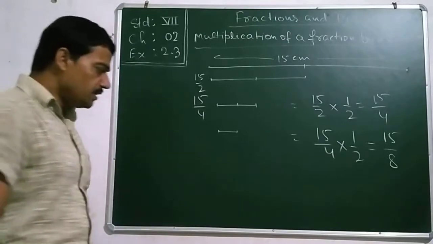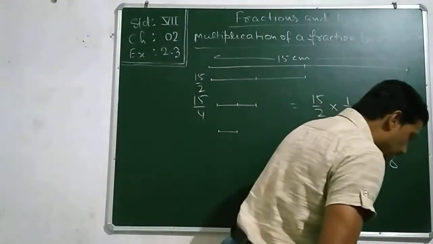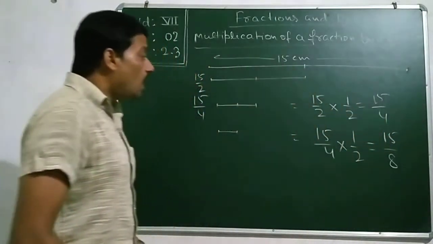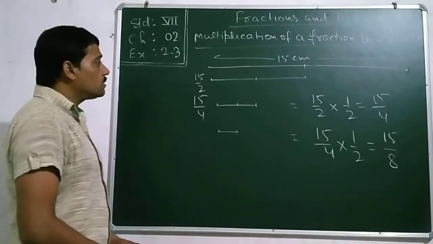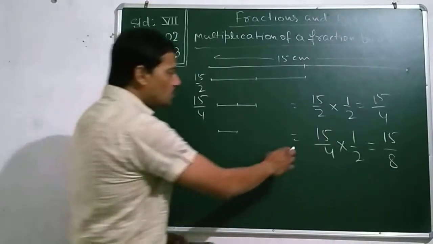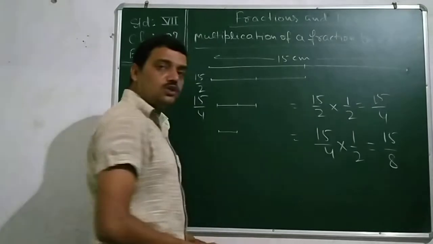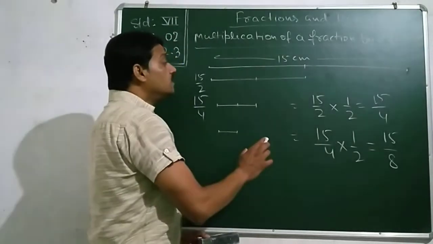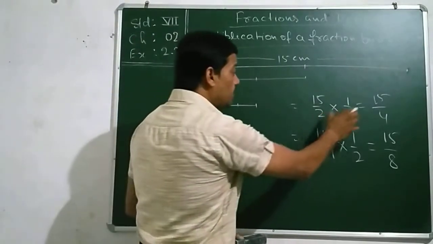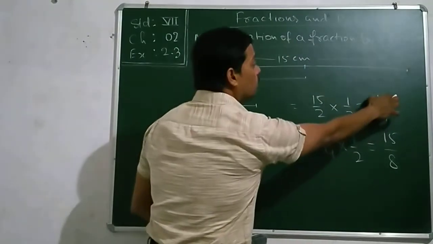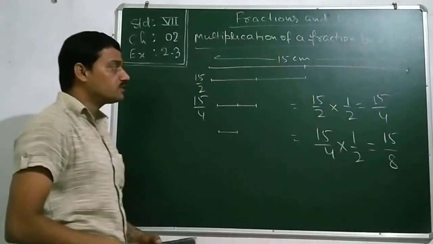Similarly, you can find out the values of fractions, and we concluded that after going through this much, you could observe how I found out the product of two fractions.